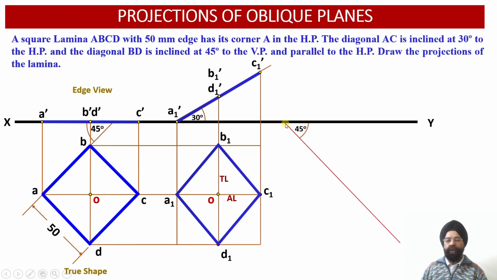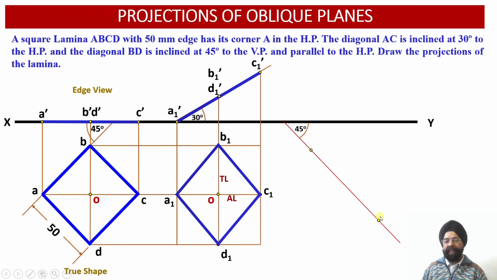Now what we are going to do, we have to draw a projector line at an angle of 45 degree, and onto this projector line our points B1 and D1 will be located as B2 and D2 over here, so that the distance between O and B and O and D is equal to the true length, whereas the distances between points O and A1 and O and C1 will be represented as apparent length projections, marked as OA1 and OC1 perpendicular to the B2 D2 line over here.